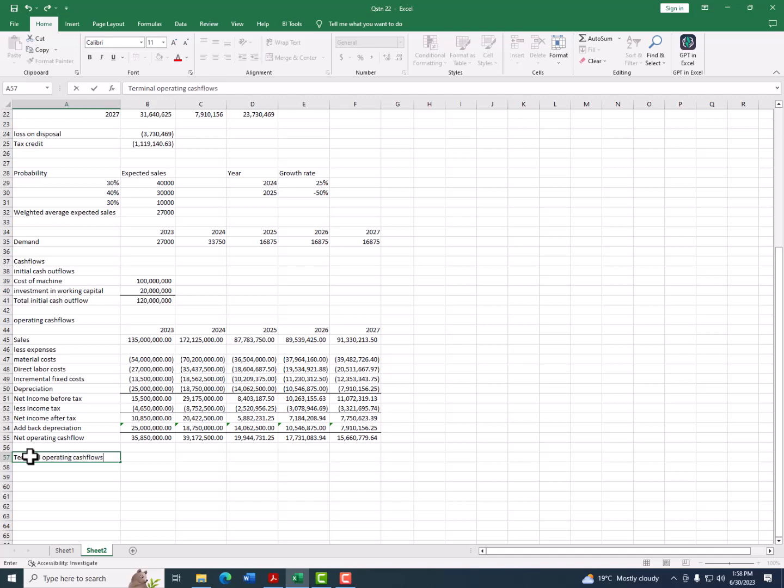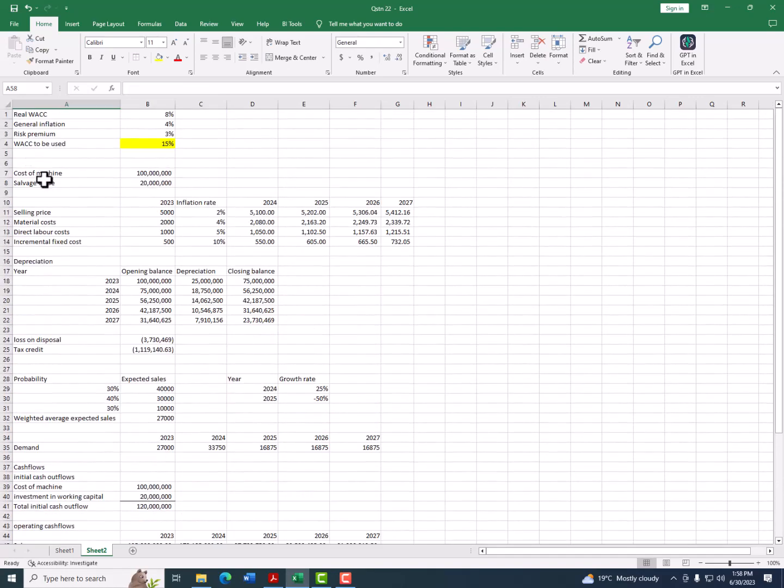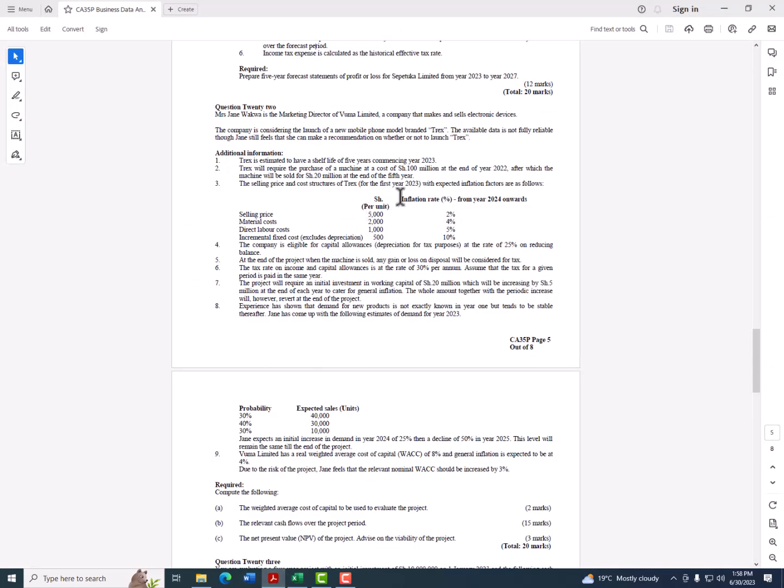And for starters, we are told that on disposal, the machine is going to be sold for 20 million. Let us bring up the PDF. We are told that the machine will be sold, check note number 2, the machine will be sold for 20 million at the end of the 5th year. That is a terminal cost.